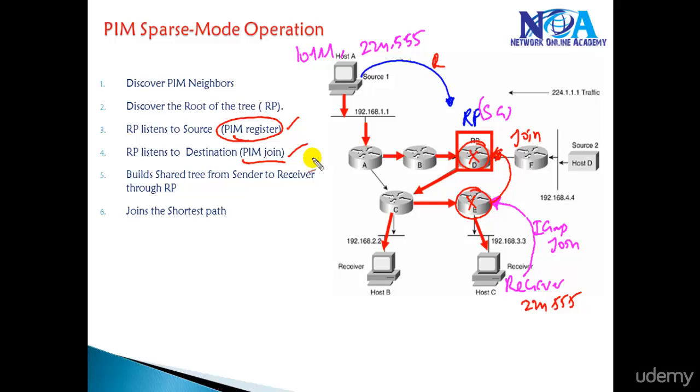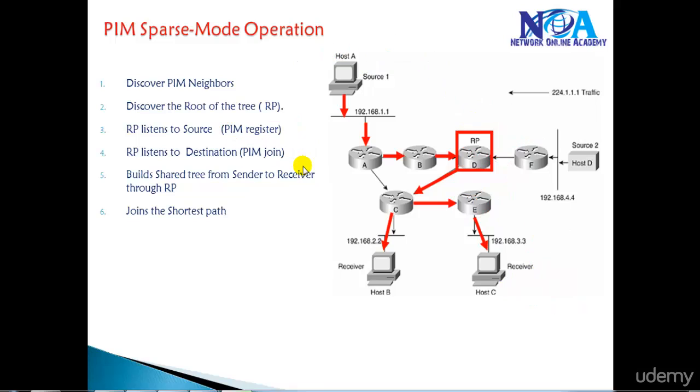Now once the RP receives a PIM join message from the particular router, all the routers in the reverse path towards the RP are going to install something called star comma G entries, and forward the join messages hop by hop towards the RP.